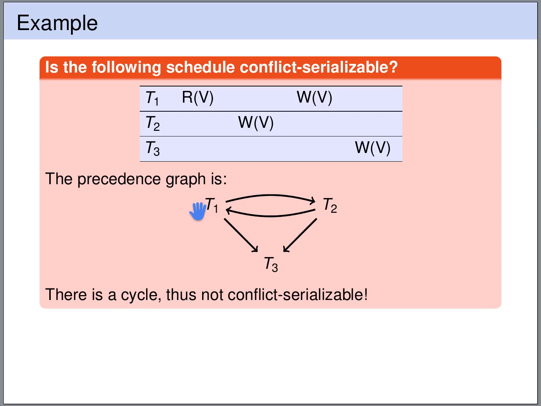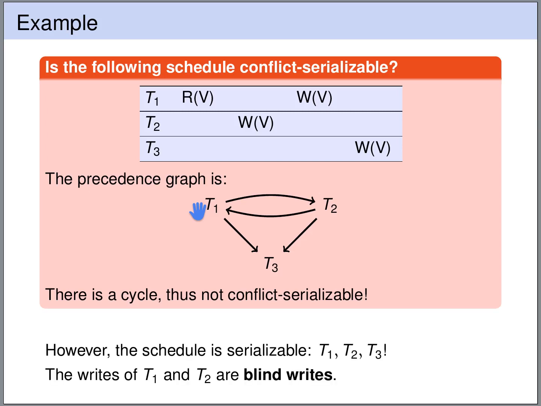However, the schedule is serializable because we can execute T1 before T2 before T3, so in the order T1, T2, T3. The reason that the schedule is serializable is that these writes of T1 and T2 are overwritten by T3.